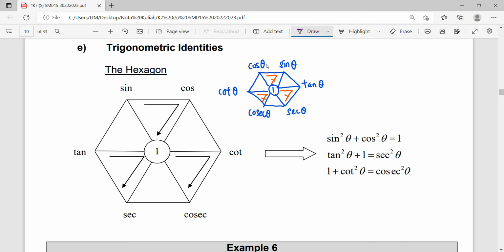So the first relationship will come here. Cos square theta plus sine square theta will be equals to 1. So you can see cos square plus sine square give you the answer of 1. And then, so second, 1 plus tangent square come up to secant square.